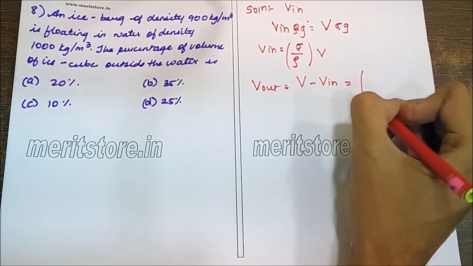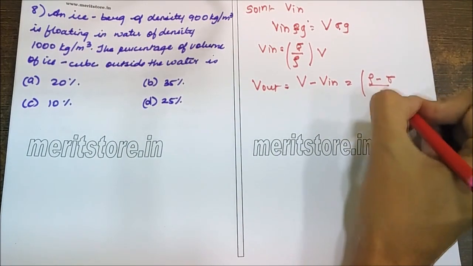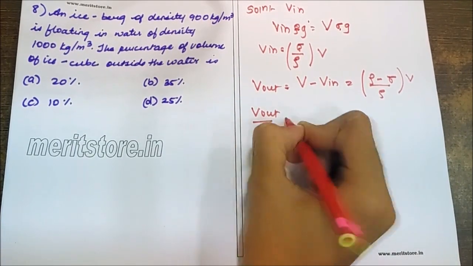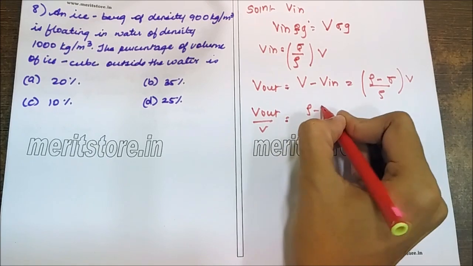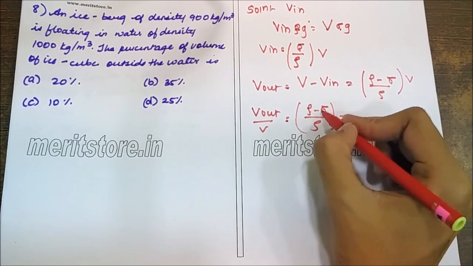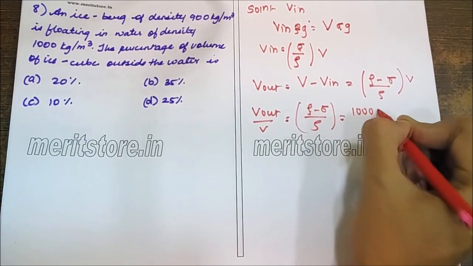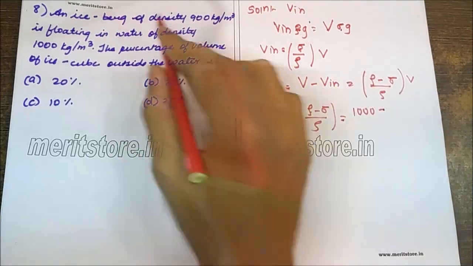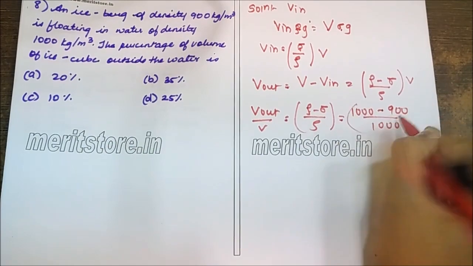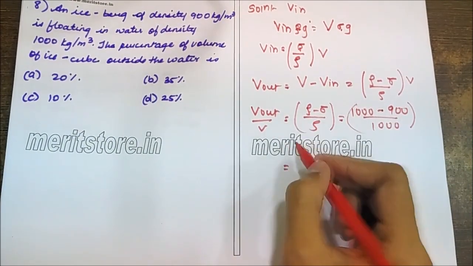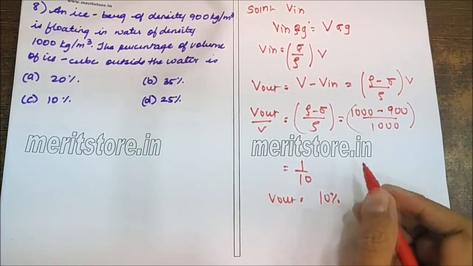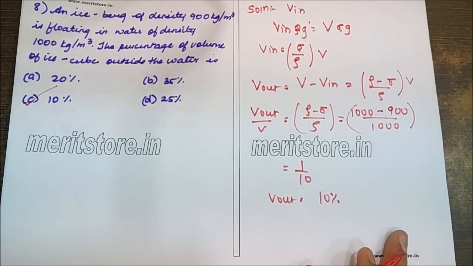In terms of density, that is rho minus sigma upon rho into V. So the volume outside upon volume V will be equal to rho minus sigma upon rho, that is 1000 minus 900 upon 1000, which gives you 1 upon 10. So the volume outside is equal to 10% of the total volume. So C is the correct option.